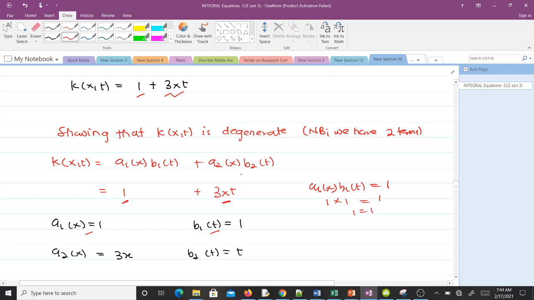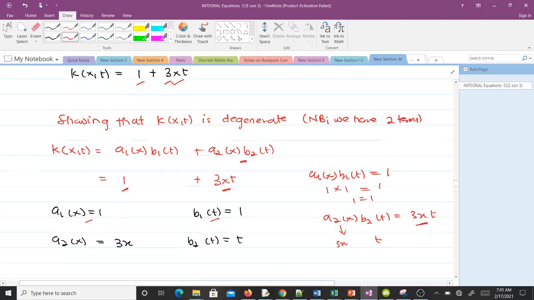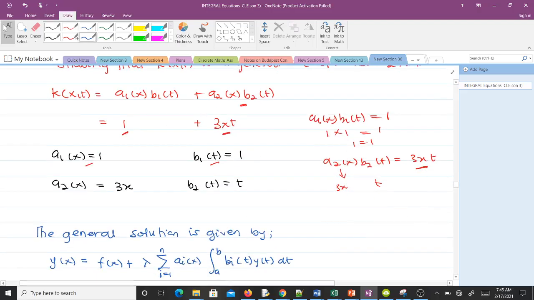Then a2(x)b2(t) = 3xt, so we can say let a2(x) be 3x and let b2(t) be t, because when you find the product, you get this.